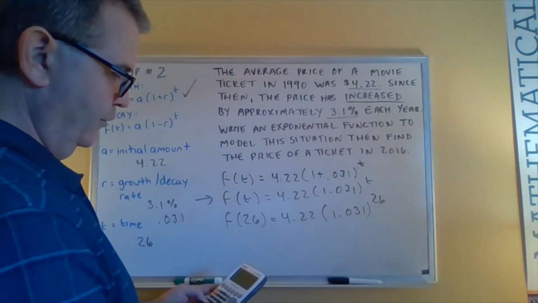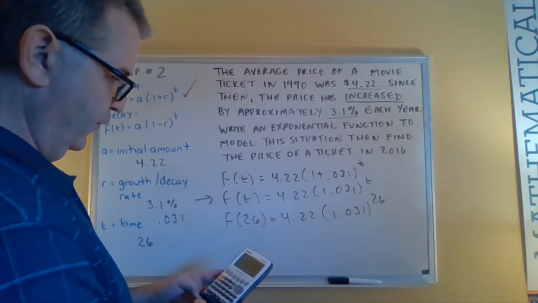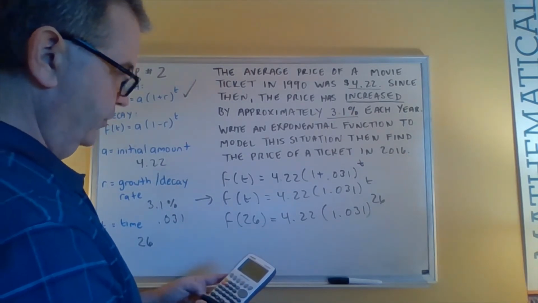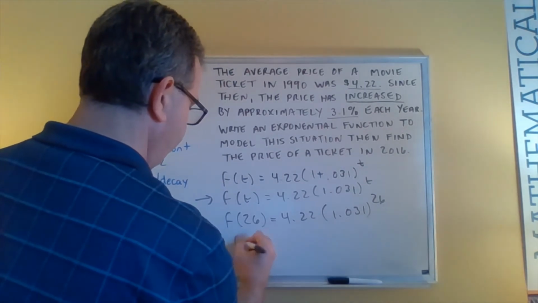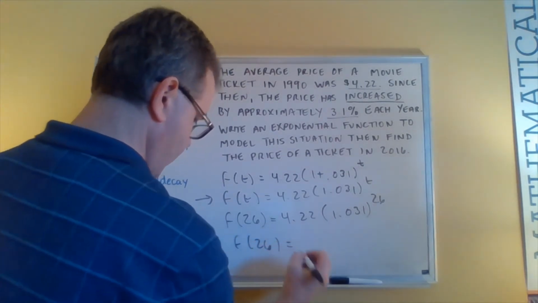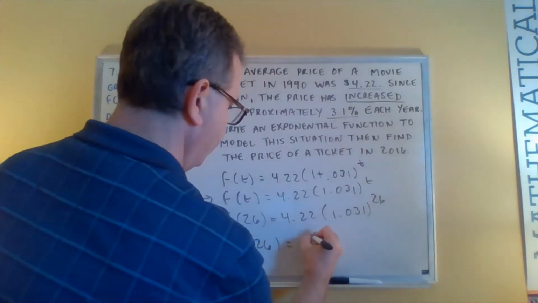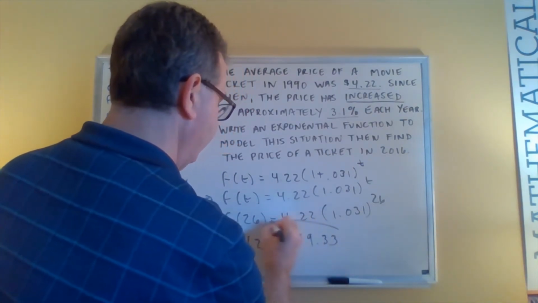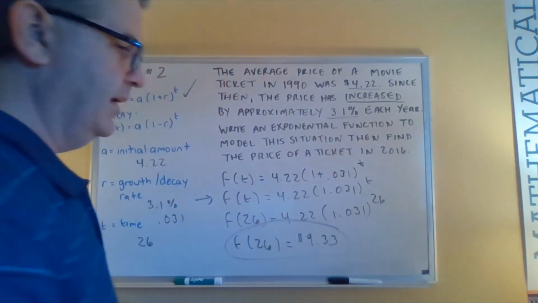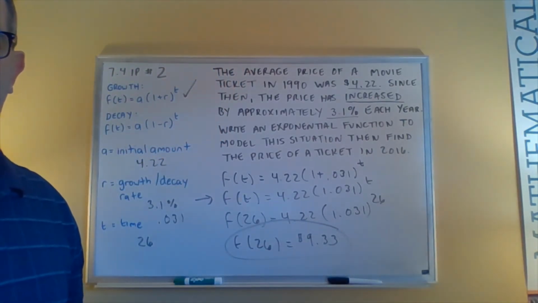We multiply 2.2117 times 4.22, and that gives us f of 26 is 9.33. So we're looking at an average movie ticket cost of $9.33.